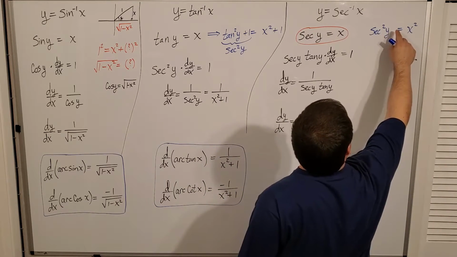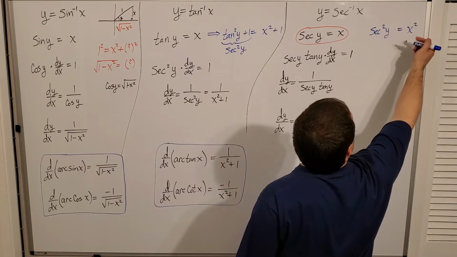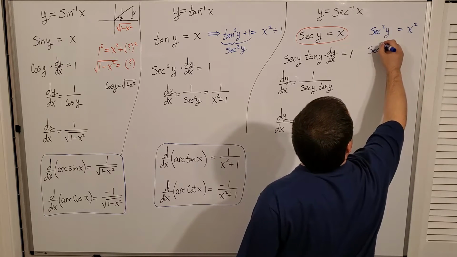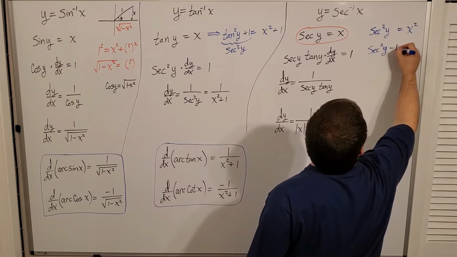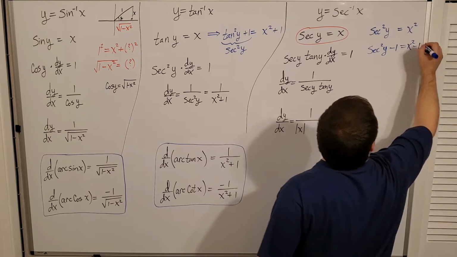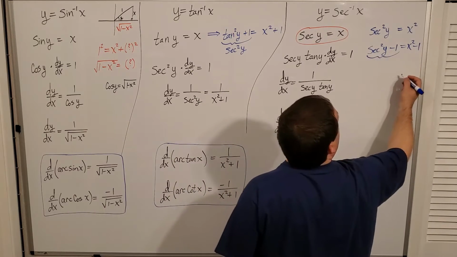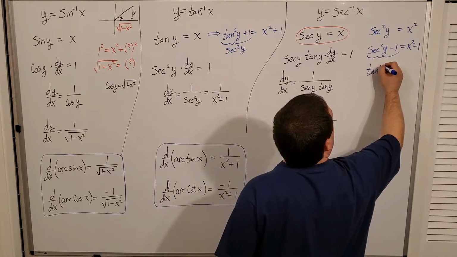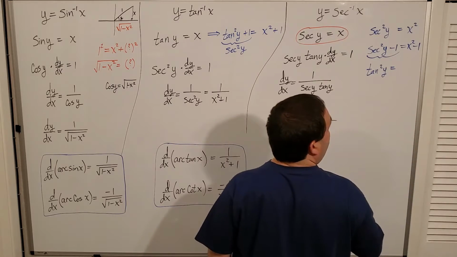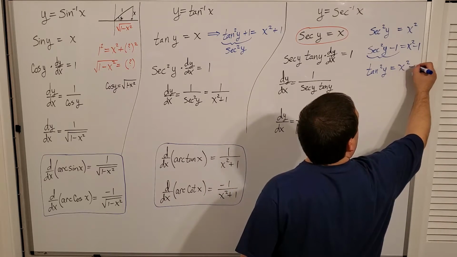Now, if I subtract 1 from both sides, secant squared y minus 1 is equal to x squared minus 1. Secant squared of y minus 1 is equal to tangent squared of y. That's your Pythagorean identity.